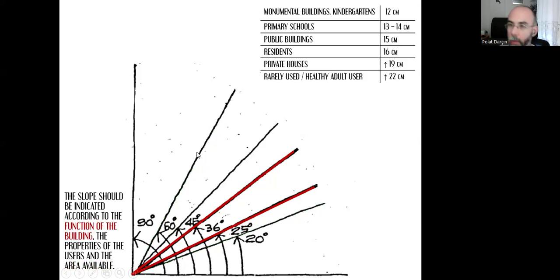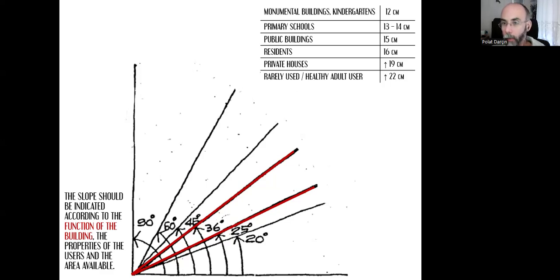Also, we can use this chart. You can take a look at this chart whenever you need it. You don't need to memorize it, obviously. And depending on the function of the building, you can pick a proper riser height from this chart.